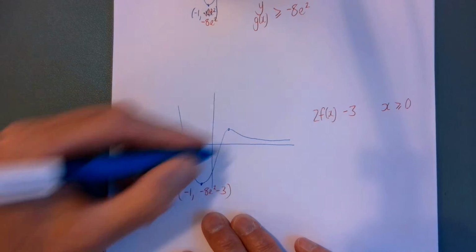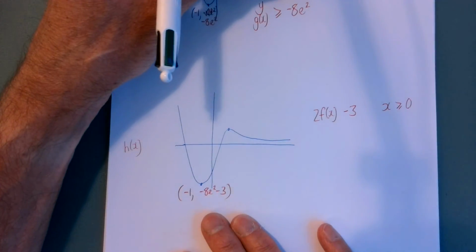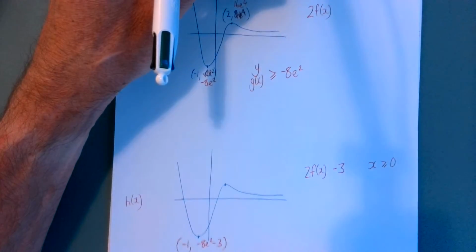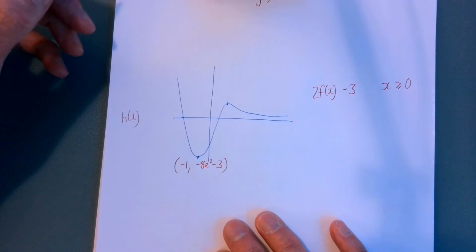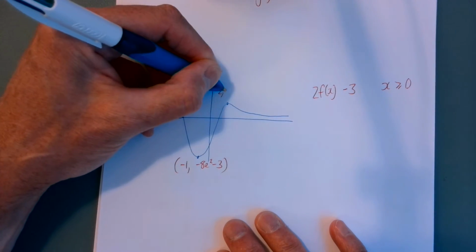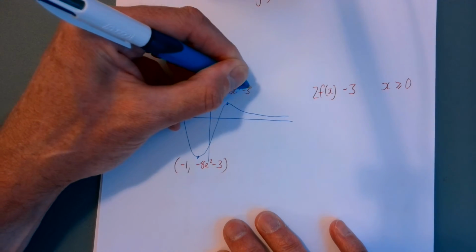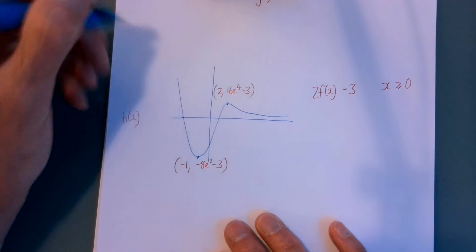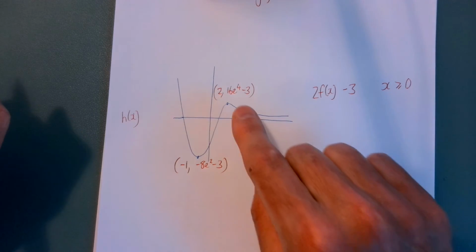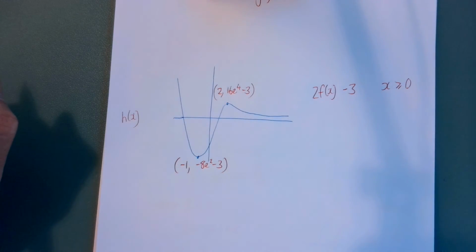That's that coordinate. And this point here, with 2f of x, was 16e to the power of 4, so it's now going to be 16e to the power of 4 minus 3. So those are those 2 points.